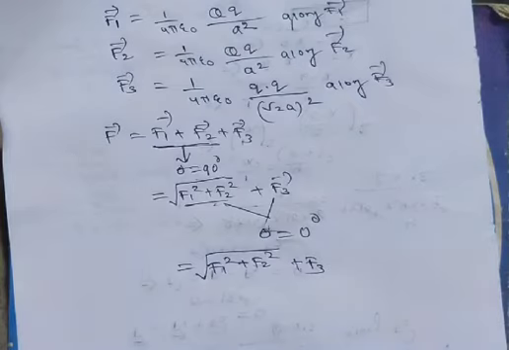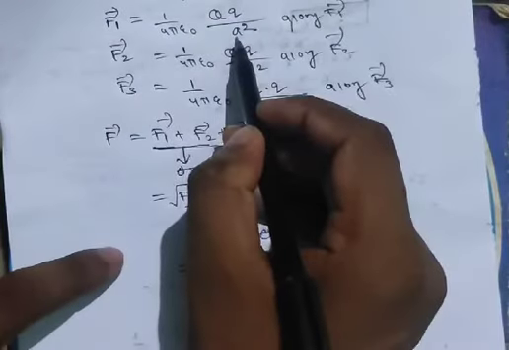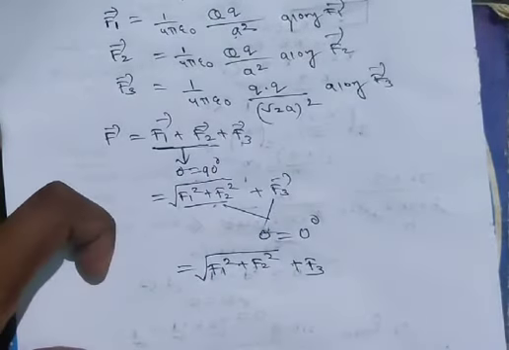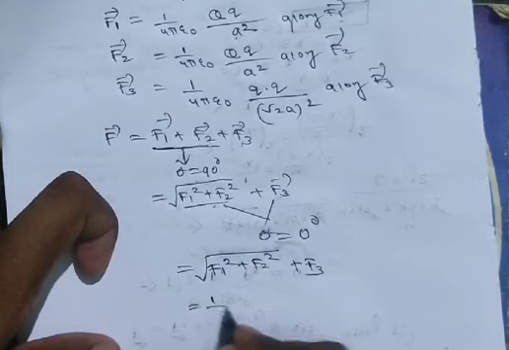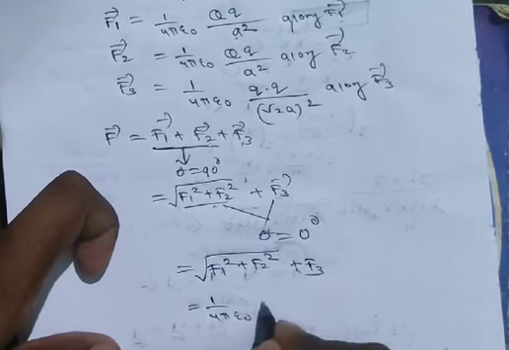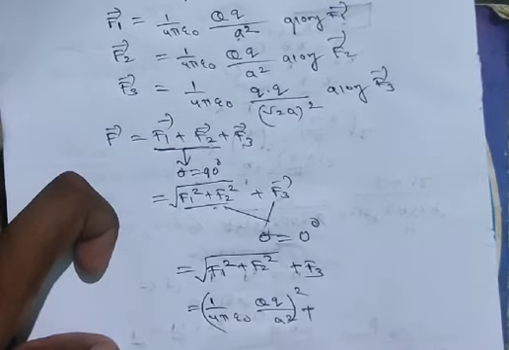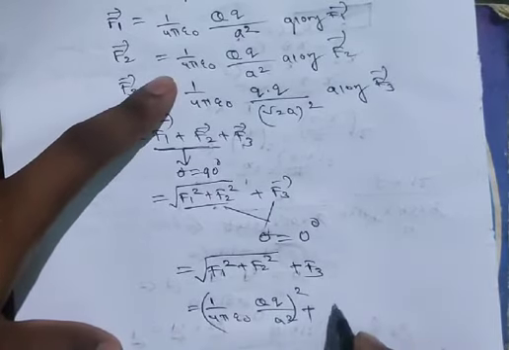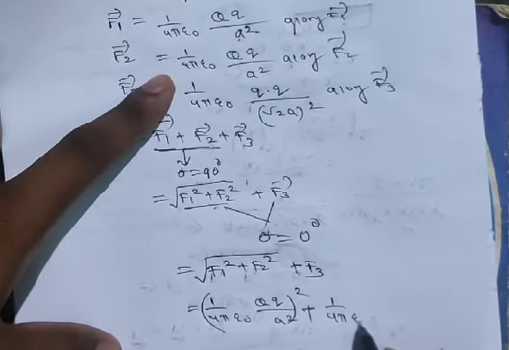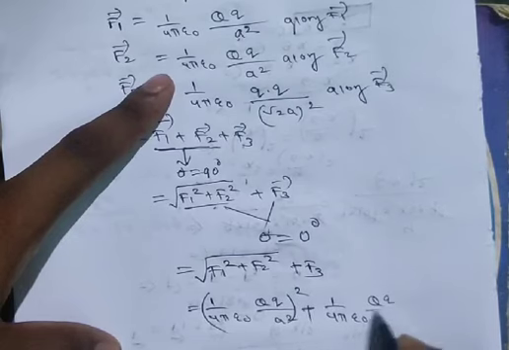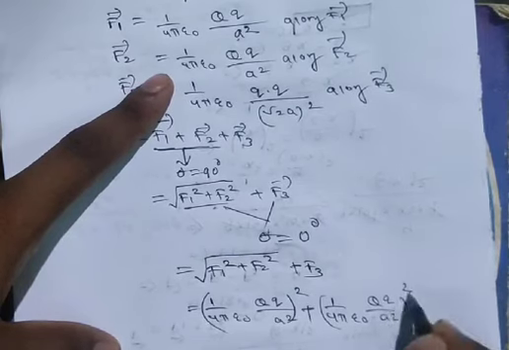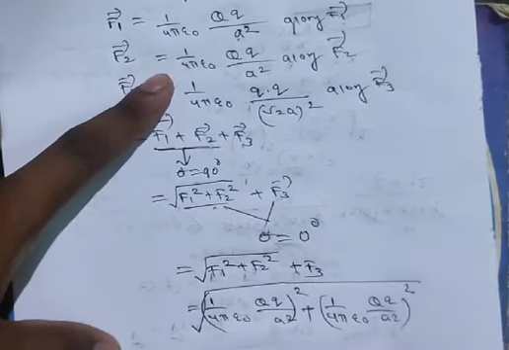So F1 square is how much? It is (1 by 4 pi epsilon small q by a square) whole square, plus F2 square, which means (1 by 4 pi epsilon capital Q small q by a square) whole square, all under the root, plus F3.